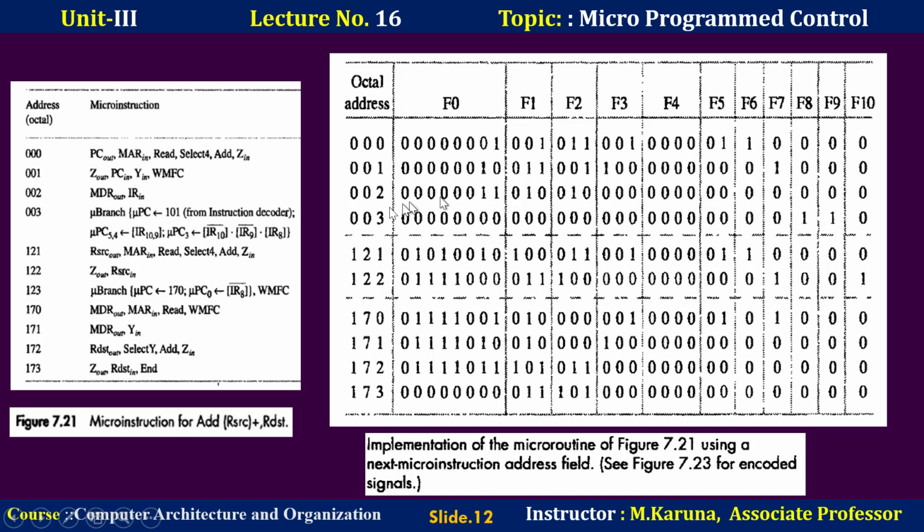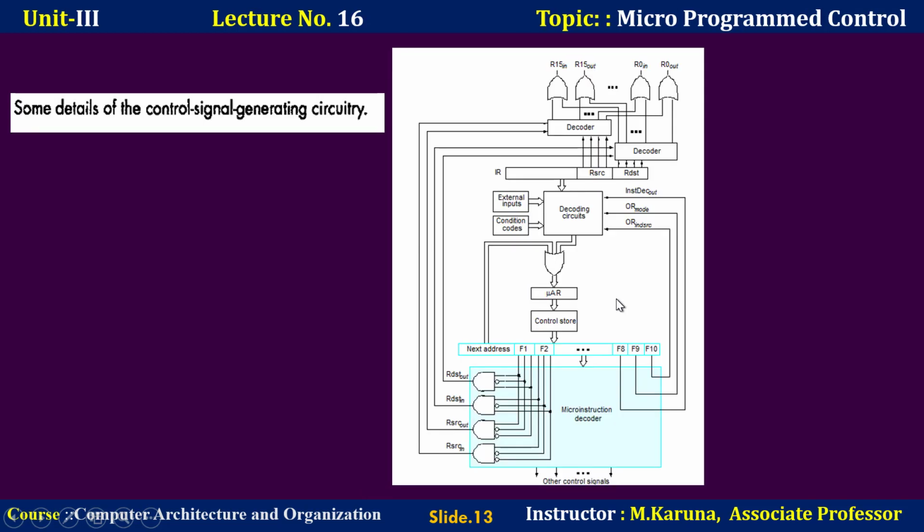This is the third instruction code, assigned address 002. Likewise, all these micro instructions, micro codes, are specified and assigned some addresses. To implement the generation of control signals with a microprogram, this small hardware circuit is required.